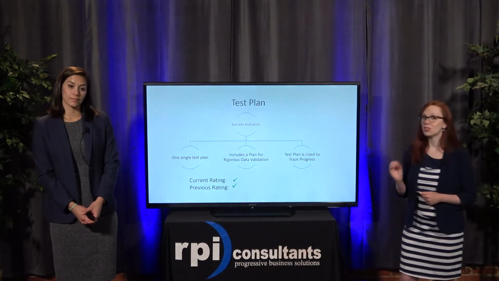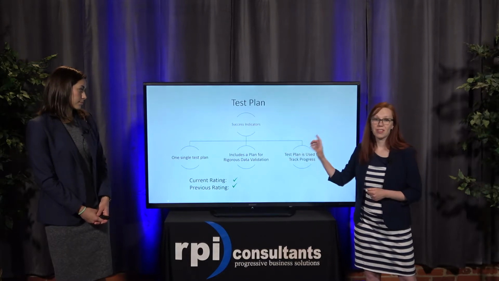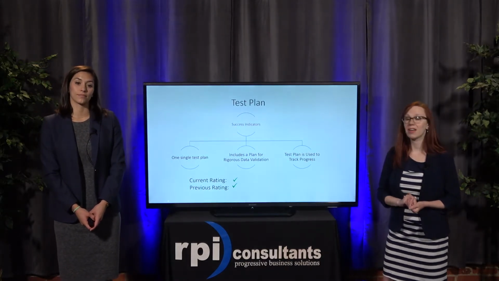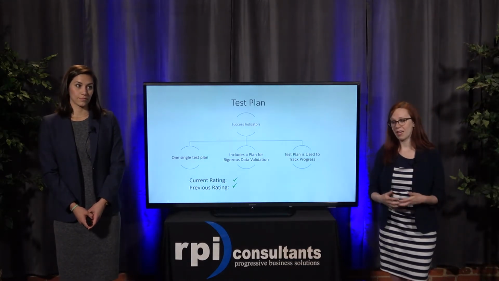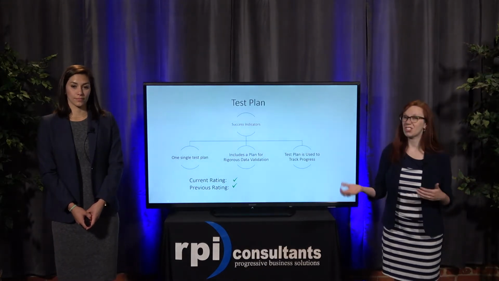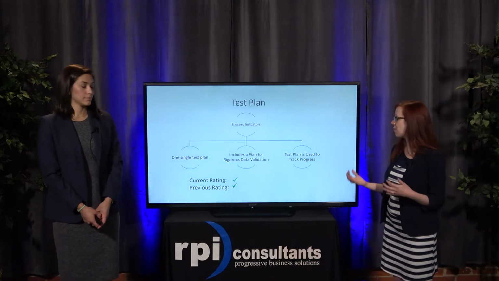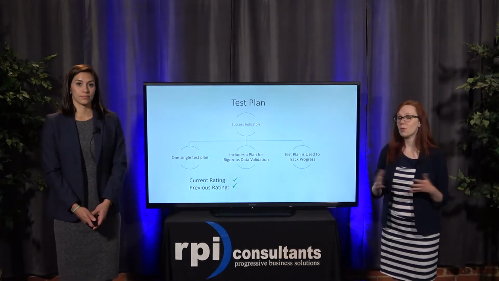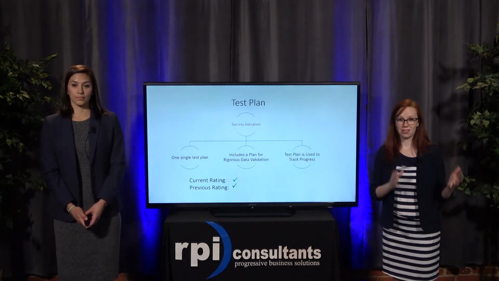One very crucial element is this middle success indicator, making sure that the test plan includes very rigorous data validation, because you can't just expect to start testing and make sure that you've validated all of your data, especially with a data conversion involved. It takes time to develop that plan and those scripts, and to make sure that everyone on the team who's doing testing understands what success looks like.